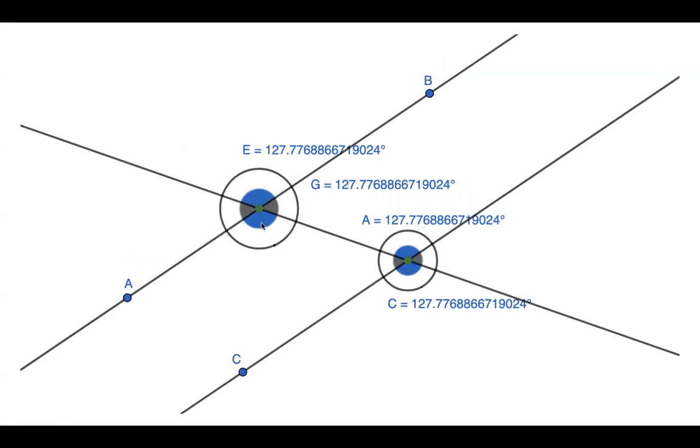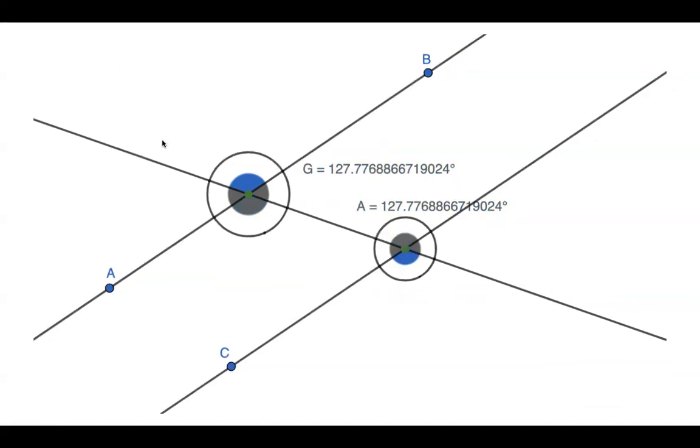So G and E are vertical angles, A and C are vertical angles. So then based on that, another assumption we can make, right, is if A and C are equal in measure, and E and G are equal in measure, based on equality and what we know about it, we can say that alternate exterior angles are also going to have the same measure.